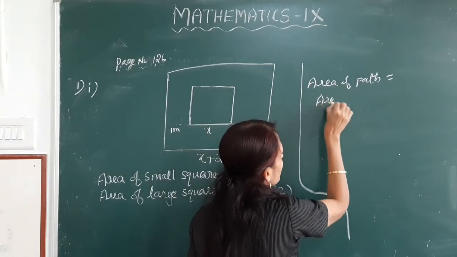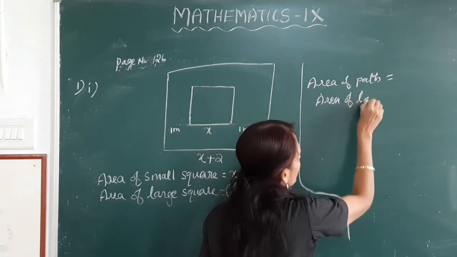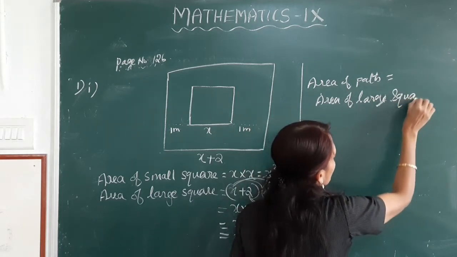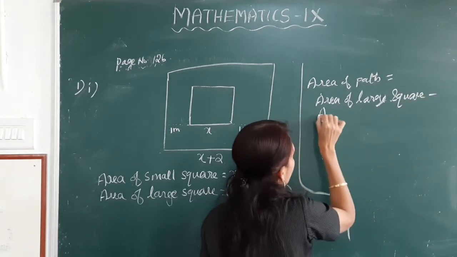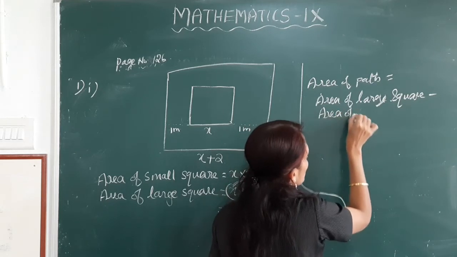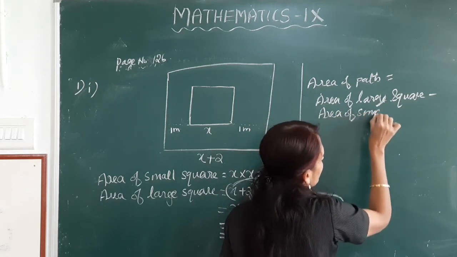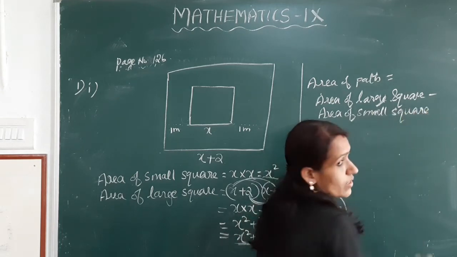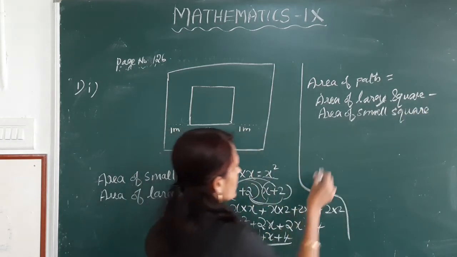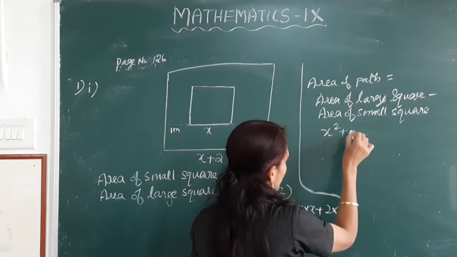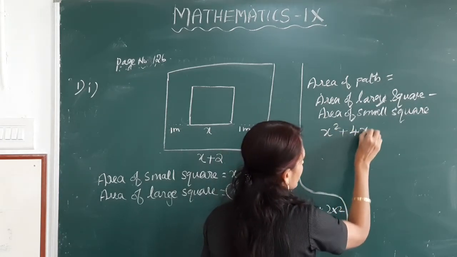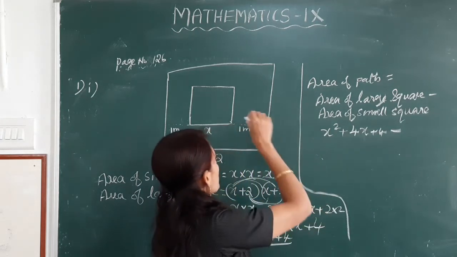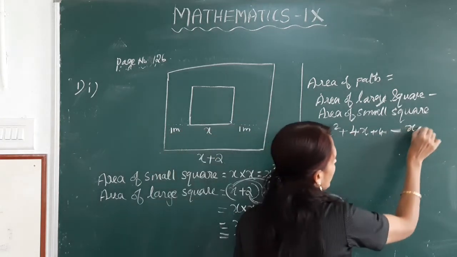Here the area of the large square is x square plus 4x plus 4 minus the area of the small square, x square.